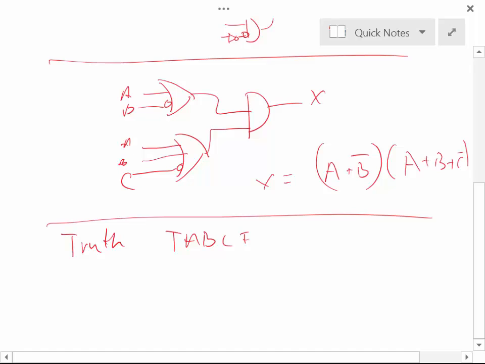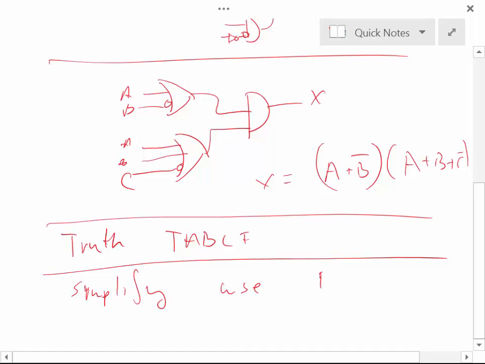And then the next thing is you can expect to see a couple of problems on simplifying using Boolean algebra. We did a number of examples on that.